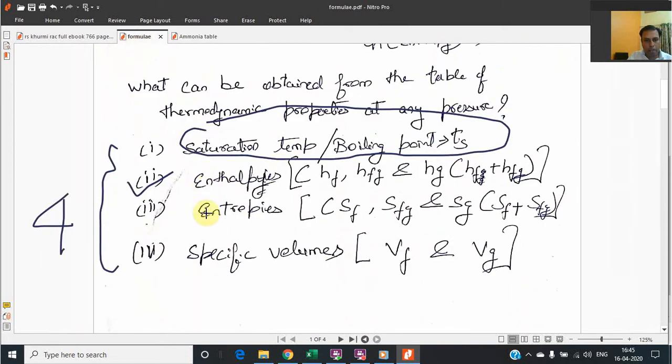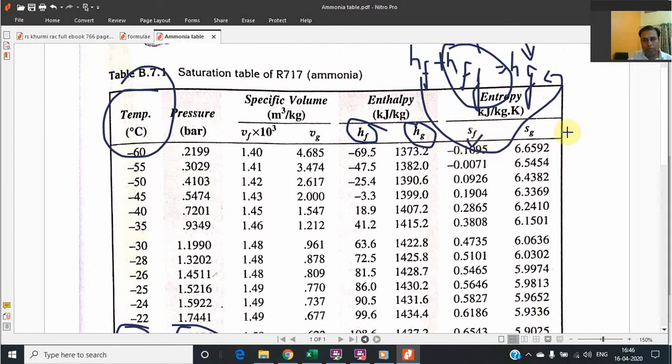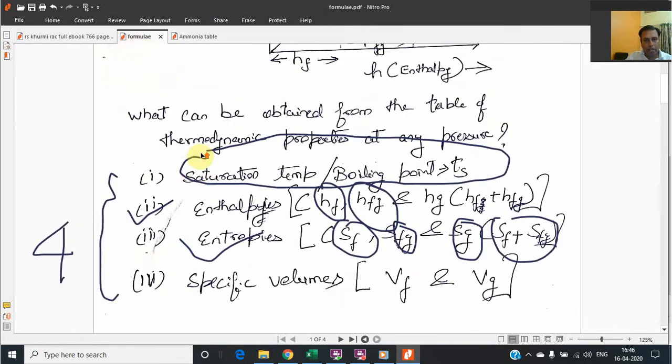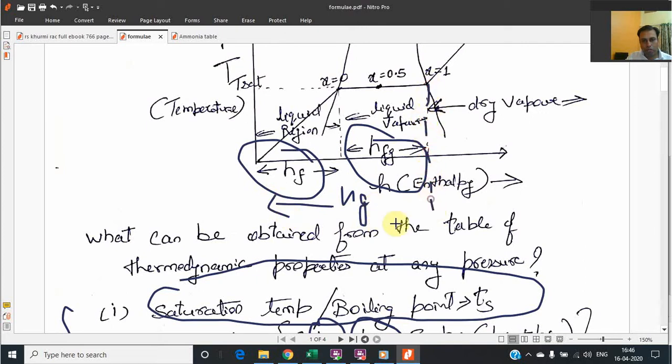And similarly in the entropies also we can obtain SF similar to HF, SFG similar to HFG, and SG, that is SF plus SFG. Means entropies are also of 3 types, because they have given 2 entropies, but we know the formula. In the figure, when we add HF plus HFG, the complete length starting from this point to this point was earlier HF plus HFG, addition of both.